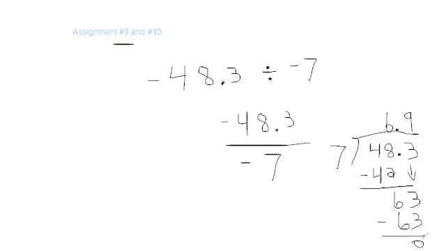The cool thing here is that since both are negative, this is your answer right here. We don't have to add a negative on there. There are no extra steps. Because they're both negative, that's a positive answer. So 6.9 is going to be the answer for that one.